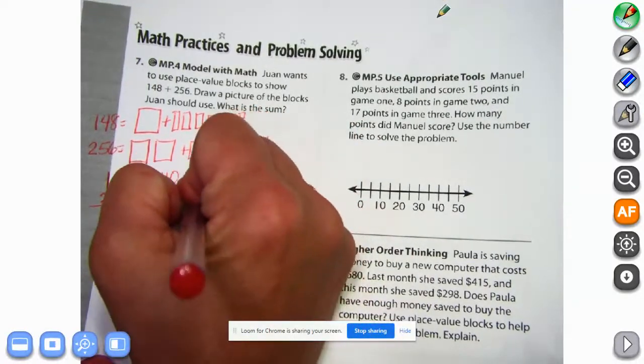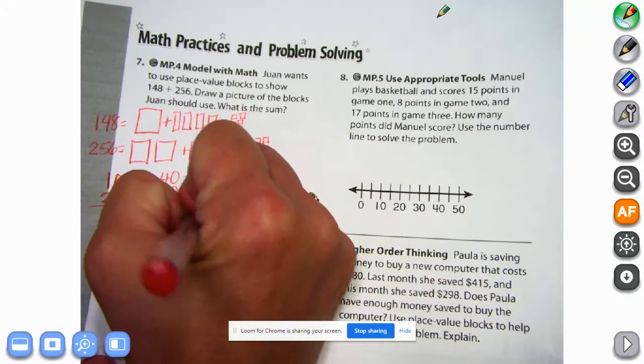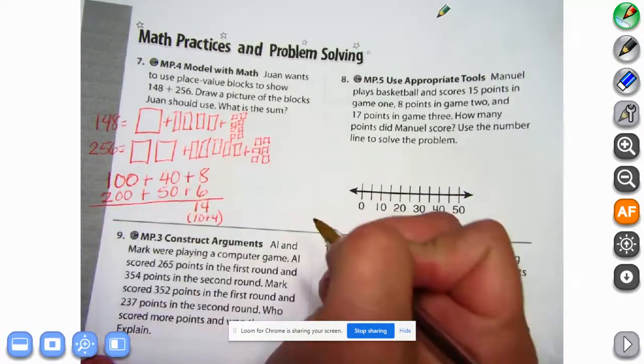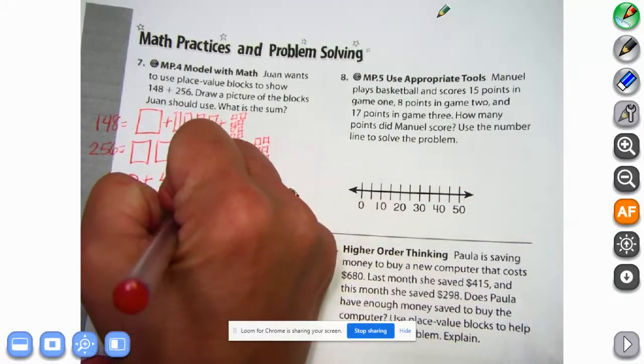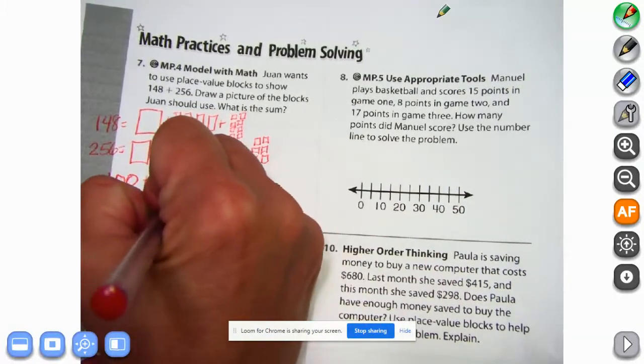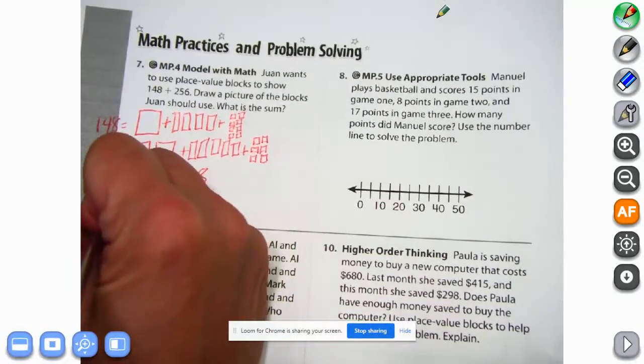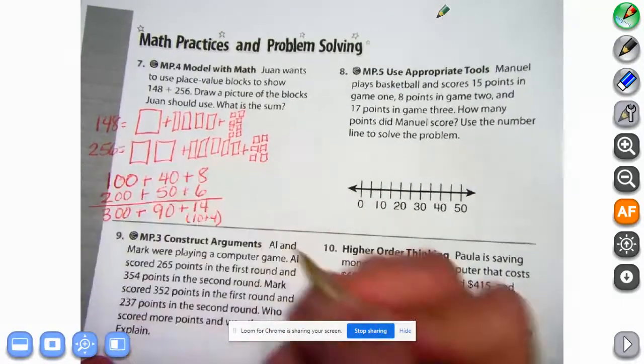So 8 plus 6 is 14. And another way we can say 14 is 10 plus 4. 40 plus 50 equals 90. 100 plus 200 equals 300.